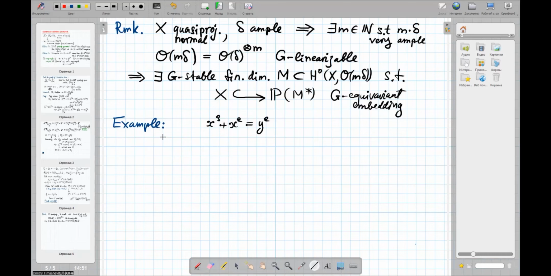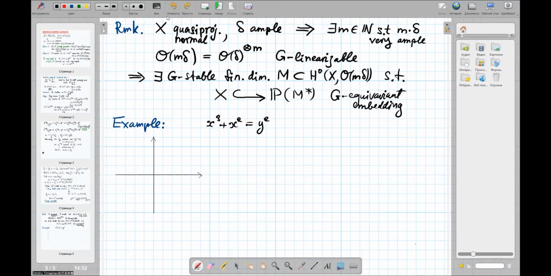Let this be the y-axis, and let this be the x-axis. So this is the y-axis and x-axis.